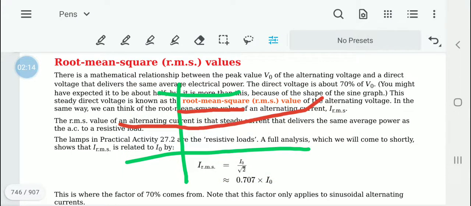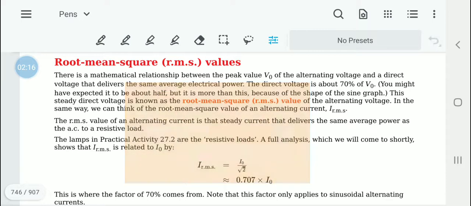It is not at the halfway point because of the shape of the graph, because of the sine graph. We don't get it to be 50%.